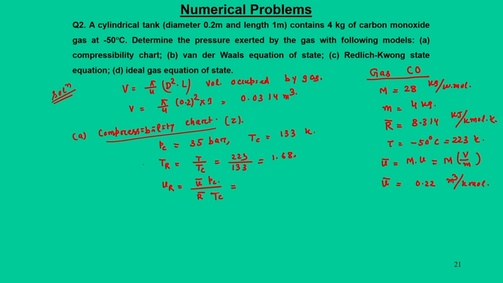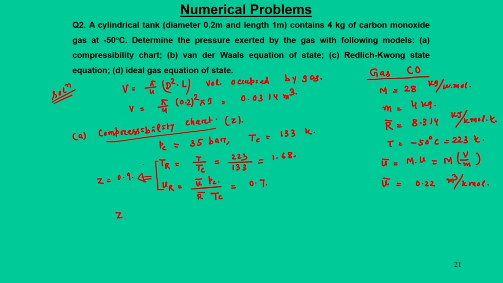By inserting these values we can get VR as 0.7. So, we have this TR and VR information. Using this compressibility chart will give you Z is equal to 0.9.